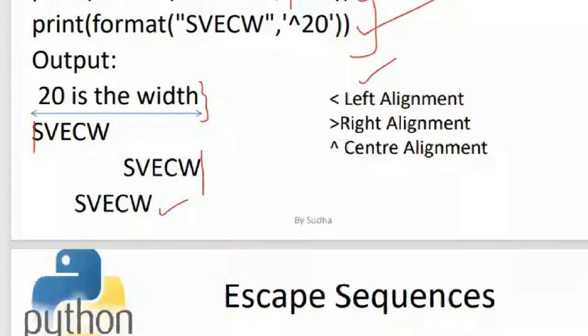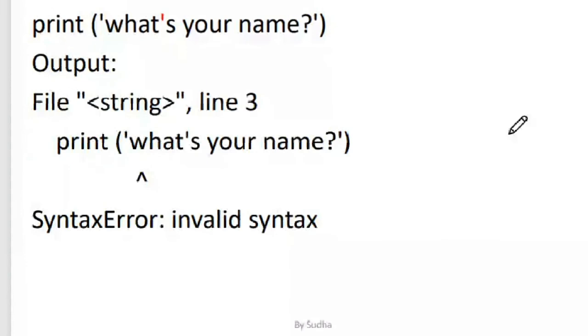Before looking into the definition of escape sequences, let us look into a scenario. For example, I am saying print what's your name, and if you look here, I have an apostrophe, which is actually grammar inside your English text. I want to say what's your name. But according to the grammar of Python, it looks for single quotes, double quotes, or triple quotes.